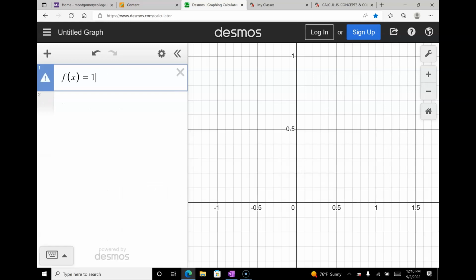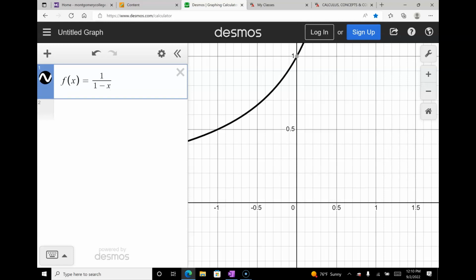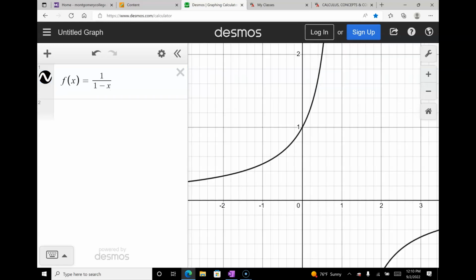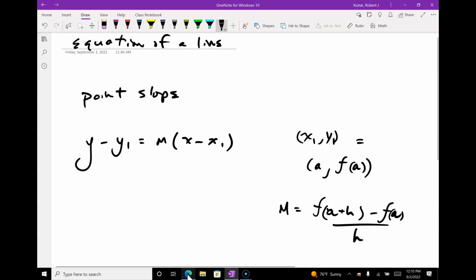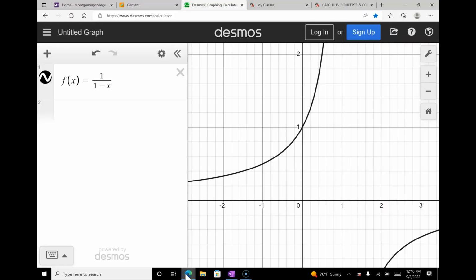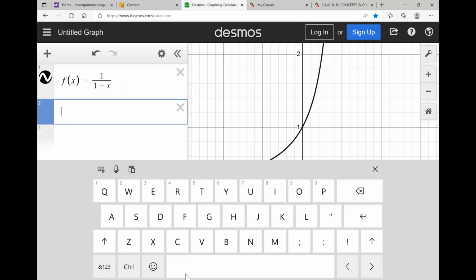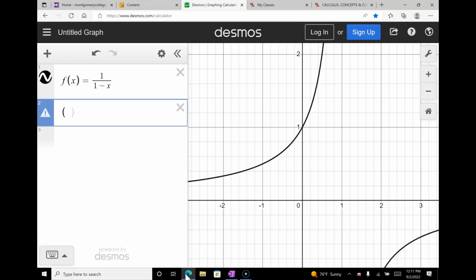So I have the function 1 over 1 minus x, correct? There it is. And I had a fixed point. Does anybody remember it? Thank you. 2 comma 1, right? Oh, 2 comma negative 1, yes. Thank you.